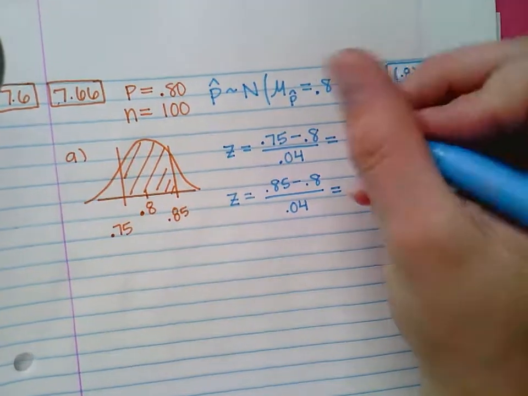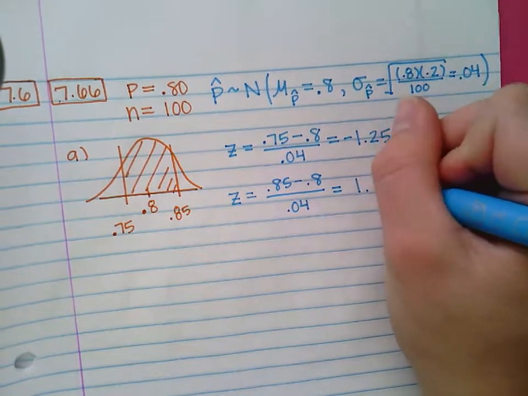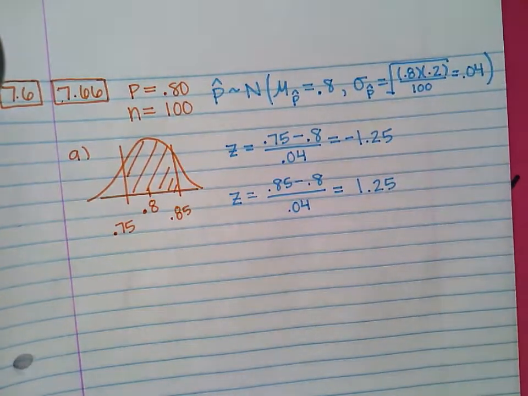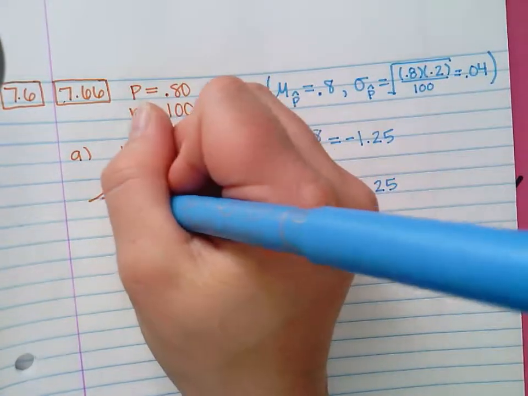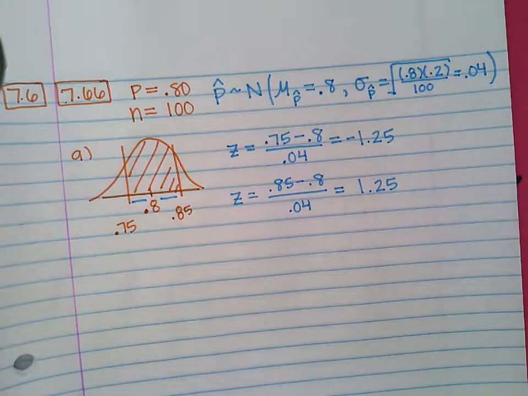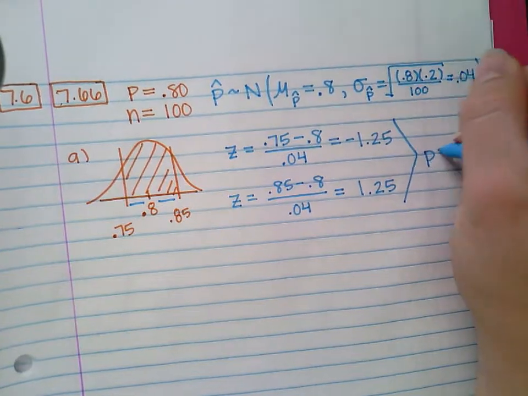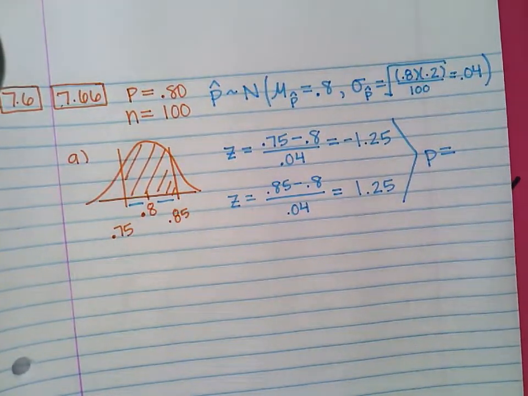Okay, you end up getting the exact same Z-score, one positive, one negative. And that should make sense because the distance between the endpoints and the mean are the exact same. So they should be the same relative z-score distance from the center of the distribution. And then you should be able to find the p-value from there.